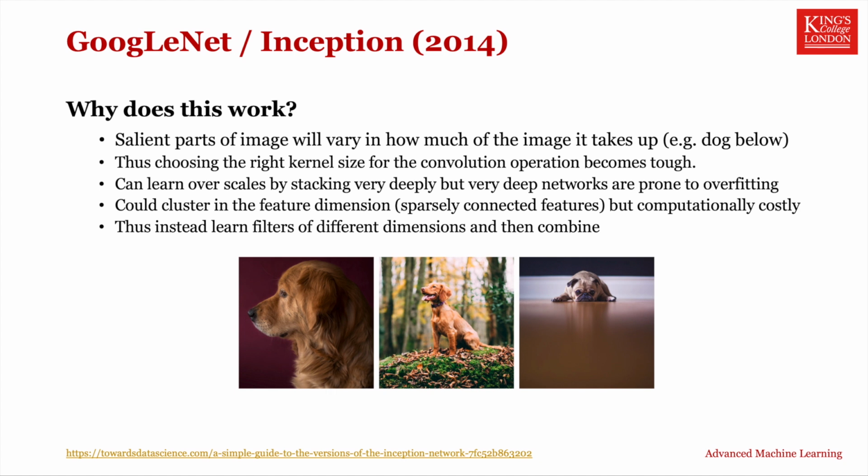Deeply stacked networks can learn to be invariant to scale, but they do so at the expense of increasing the number of network parameters, which encourages overfitting. So the Inception approach was instead to train several filters of different scale with the view of allowing the network to detect features over many scales at each level, thereby reducing the number of parameters required to achieve this goal relative to networks learning a single size kernel at each layer.